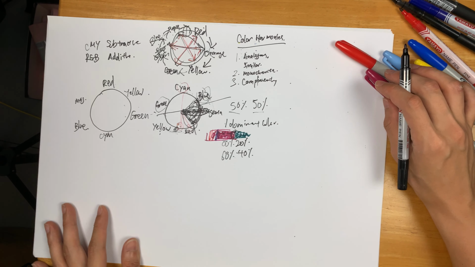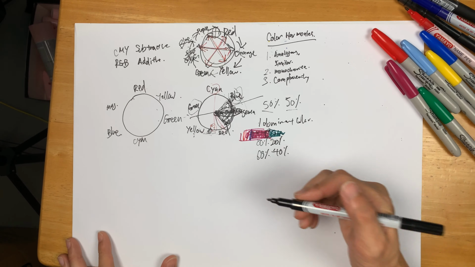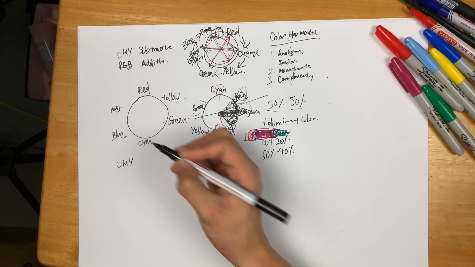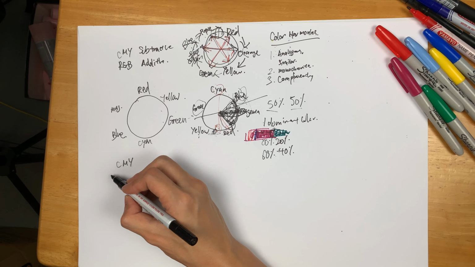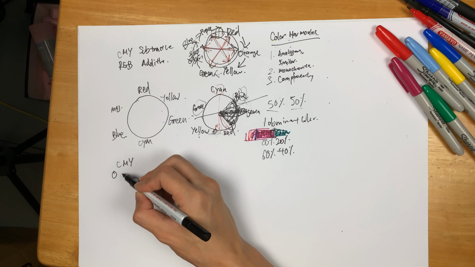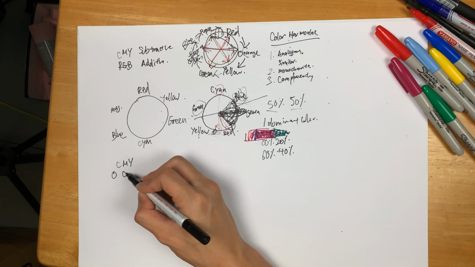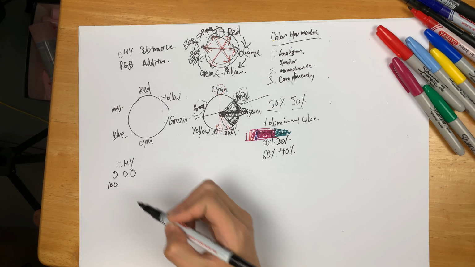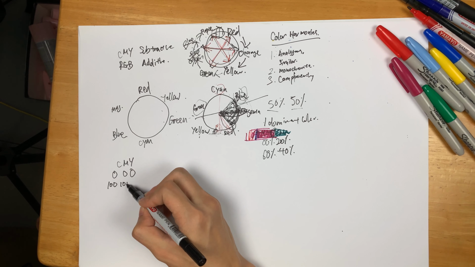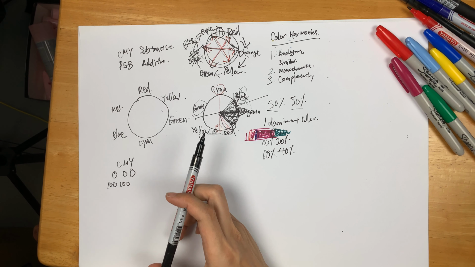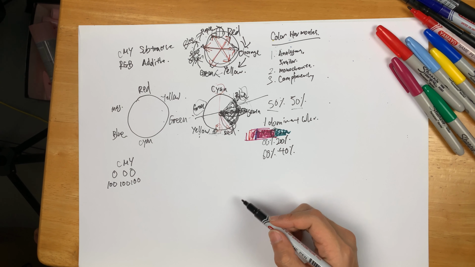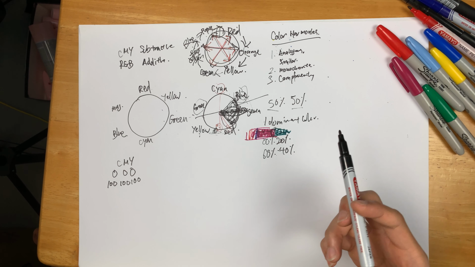So going back to the CMY color space. Remember, subtractive, what this means is that 0, 0, 0, you start off with nothing on your color. Then as you add 100 on cyan, 100 on magenta, and then 100 on your yellow, you don't get any color.